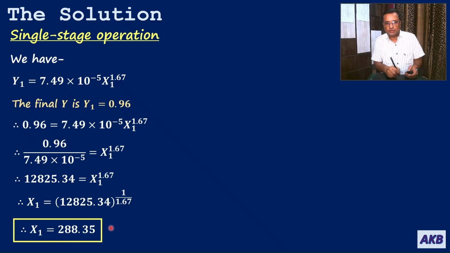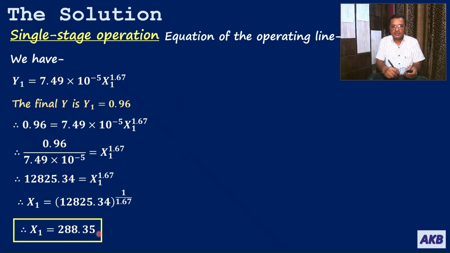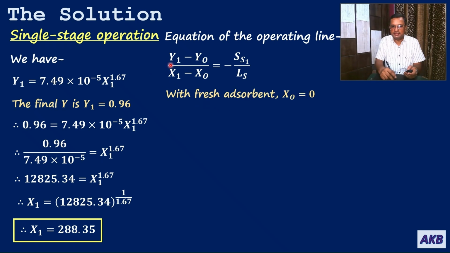So for single stage operation, the value of x1 is 288.35. Now we are going to use this value to get the quantity of adsorbent. For that, again we will need the equation of the operating line. It is y1 minus y0 upon x1 minus x0 is equal to minus SS1 upon LS.